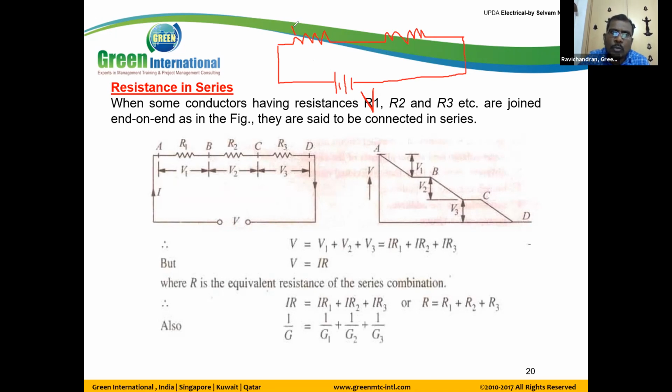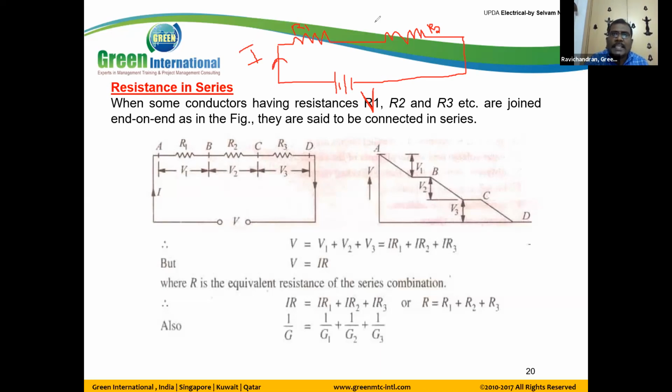The resistance values are R1 and R2. Since the circuit is closed, the current I will flow.